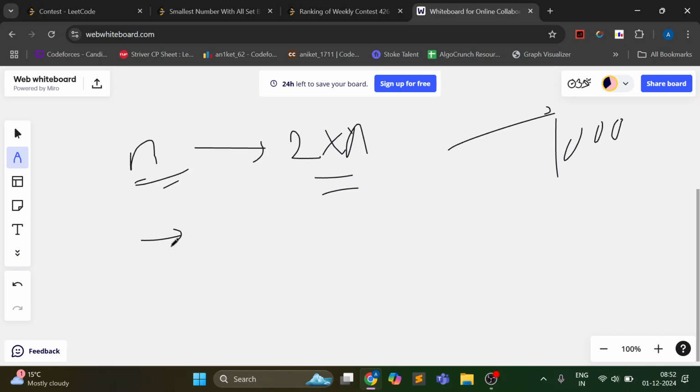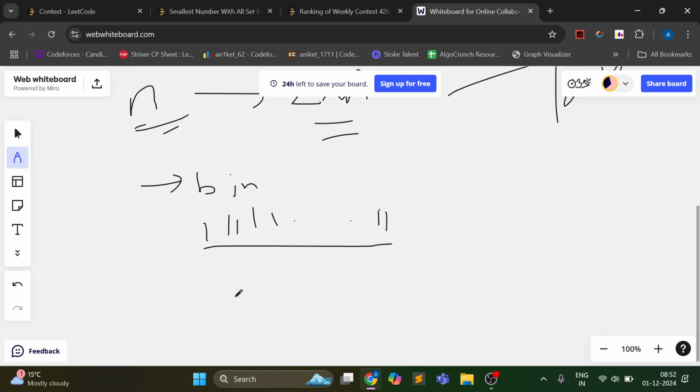Maybe one way of doing it is converting it into a binary string and then checking the first index from left, which is 1, and checking the last index, which is also 1, and the whole string between should also contain only 1. This is one way of doing it.